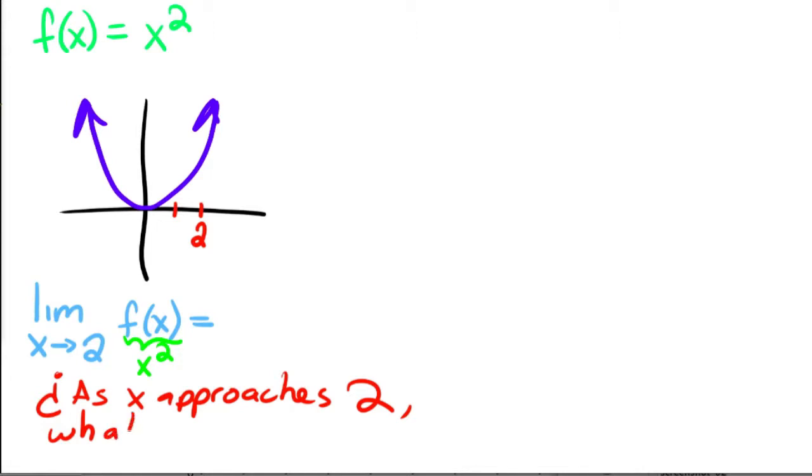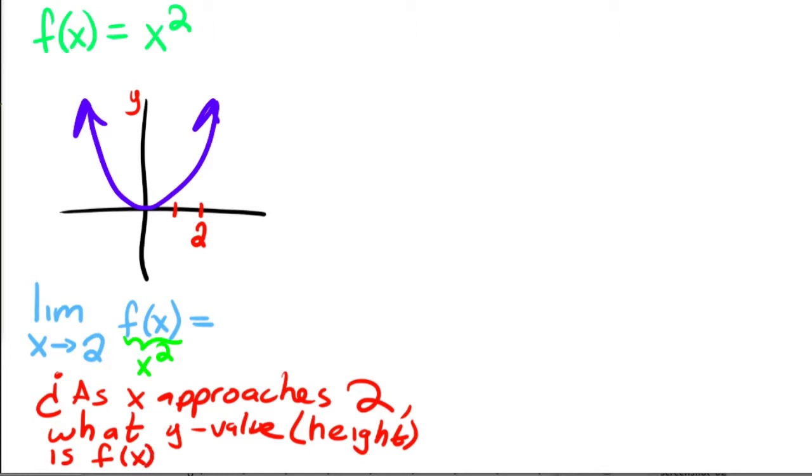What you want to know is what y value, or another way of thinking about it, since y is generic, what value or what height or what y value is your function approaching.